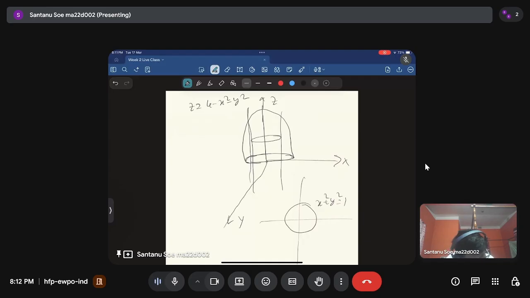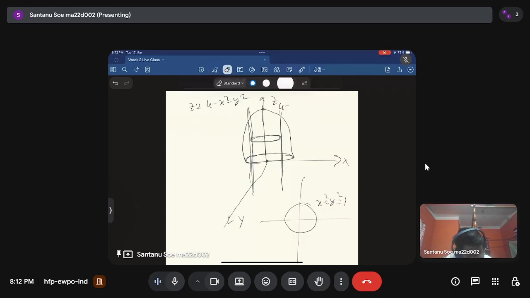Then z goes from 0 to 4 minus r square, and the projection onto the xy plane is just x square plus y square equals 1. So r is from 0 to 1 and theta is from 0 to 2 pi, and the divergence is just 5.